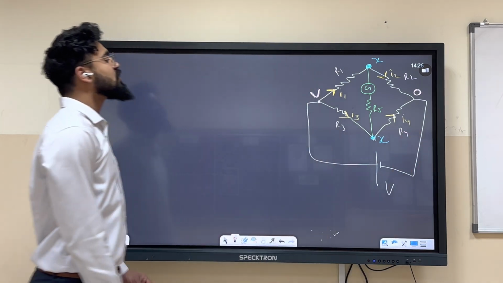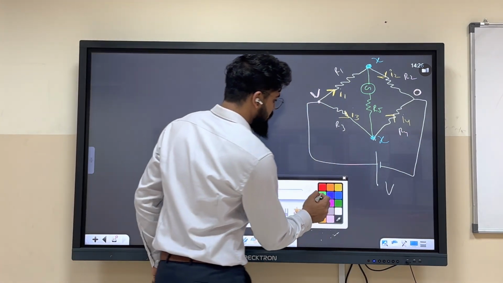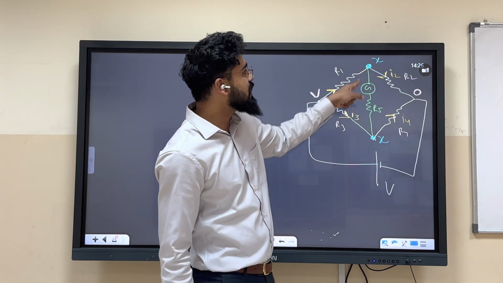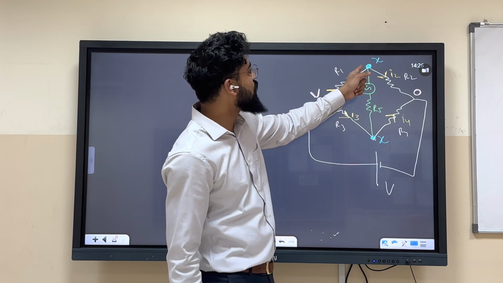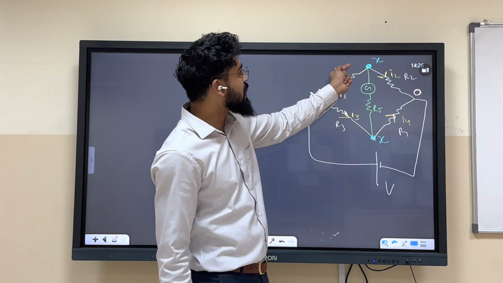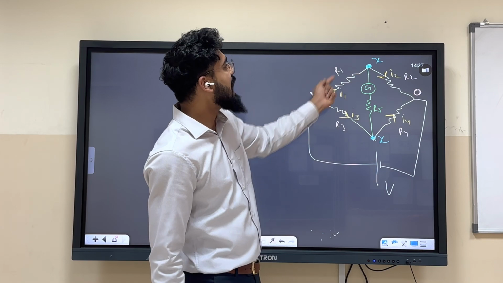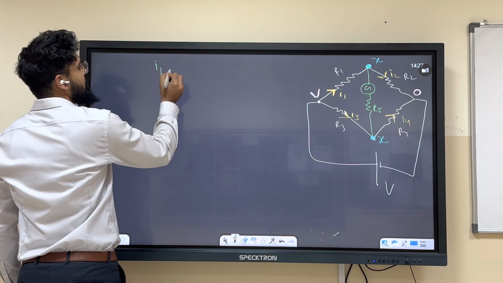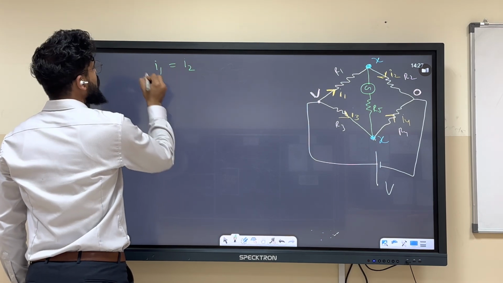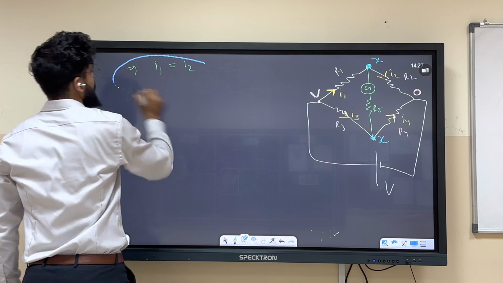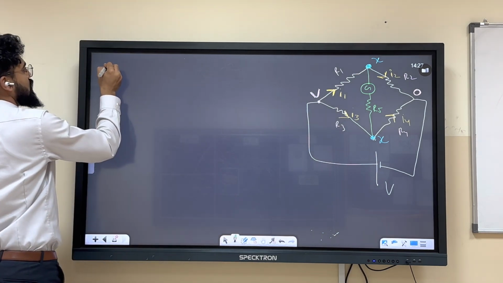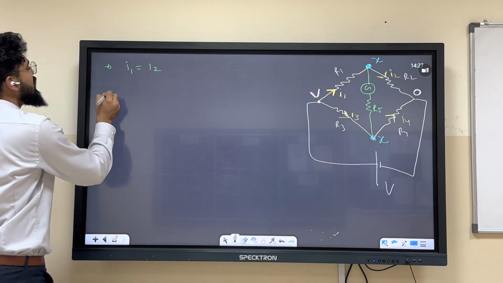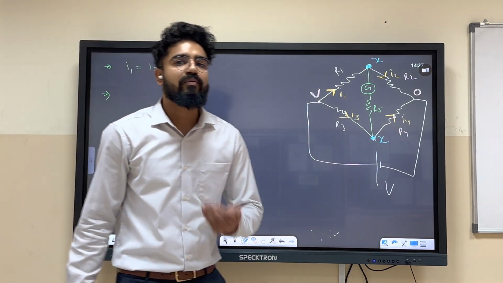Please look into this branch. This branch is not connected to this one. If the current over here is 0, obviously whatever current is flowing through this branch must go into the next branch. So we can say I1 equals I2 and I3 equals I4. I1 equals I2, correct? Current is nothing but potential difference upon resistance.